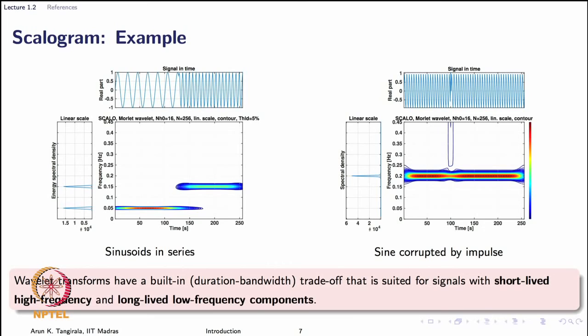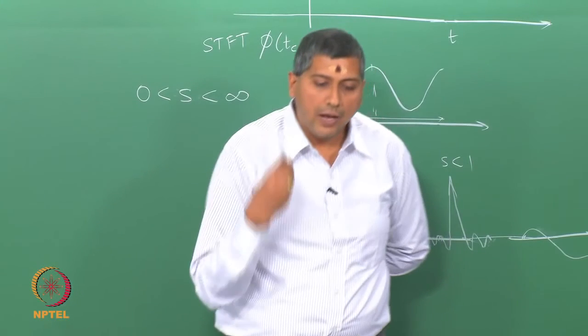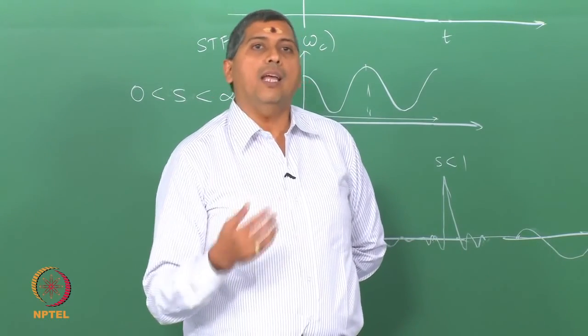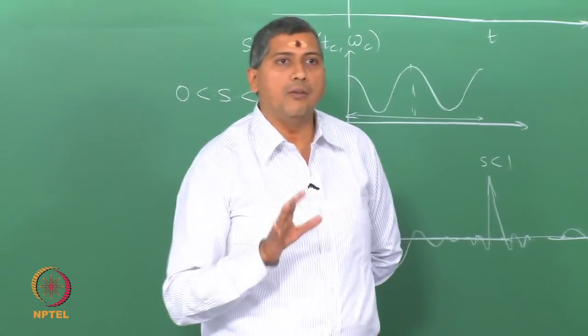How you infer the signal duration from this, there is a mathematical process to it, but visually what people normally do is look at the scalogram and try to infer the signal properties just by visual examination. That is not really correct, it is only good qualitatively, but a more appropriate way is to treat these as densities and then look at the moments carefully and then compute the duration and bandwidth and so on.